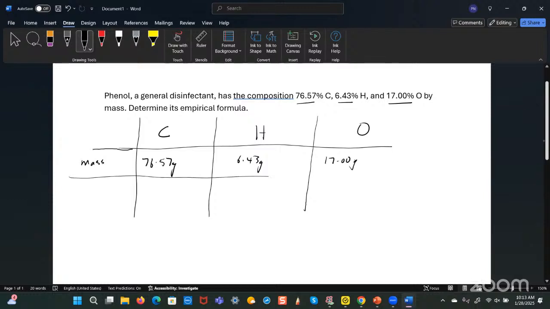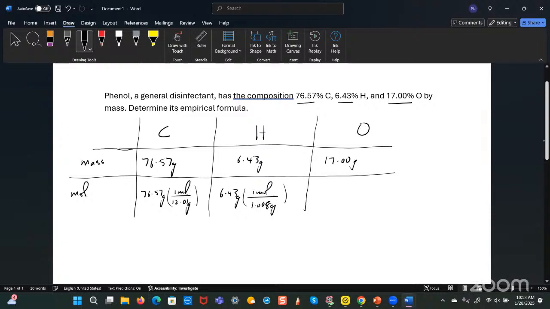The next step is to determine the moles. And we all should know how to do that. Basically, what we do is divide each of them by their respective atomic masses. So in the case of carbon, that would be 76.57 grams multiplied by 1 mole over 12.01 grams. In the case of hydrogen, that would be 6.43 grams multiplied by 1 mole over 1.008 grams.